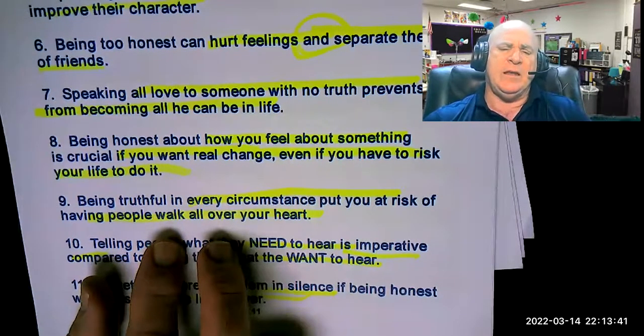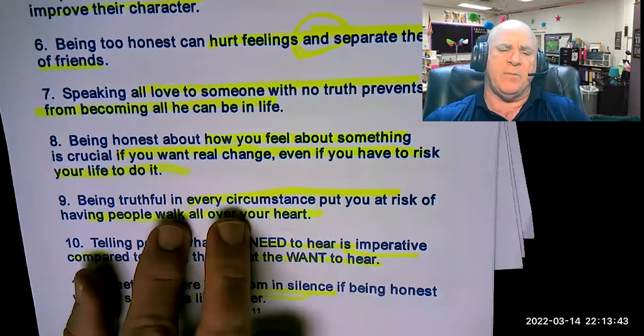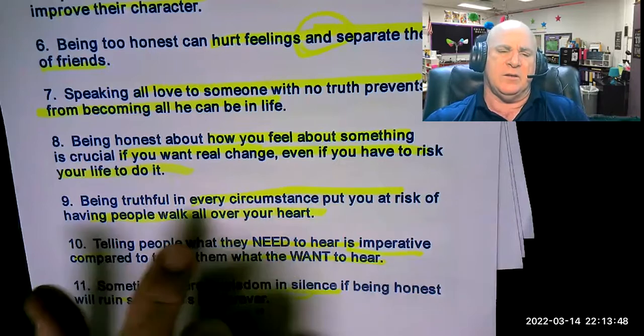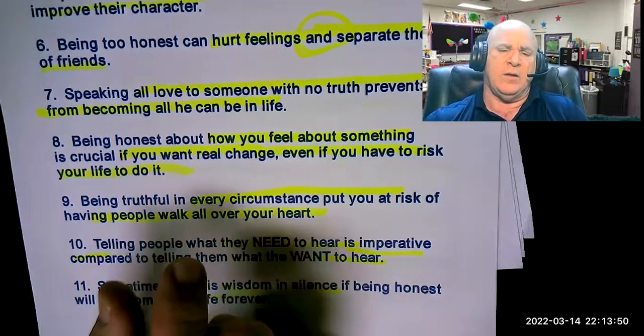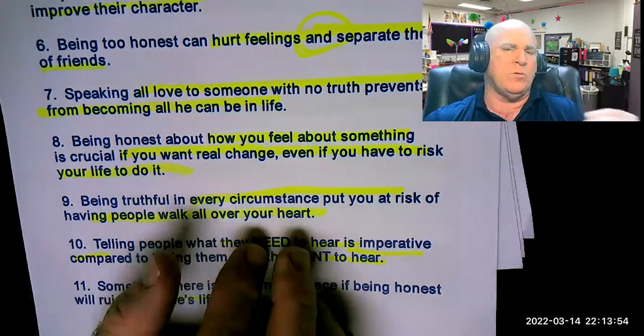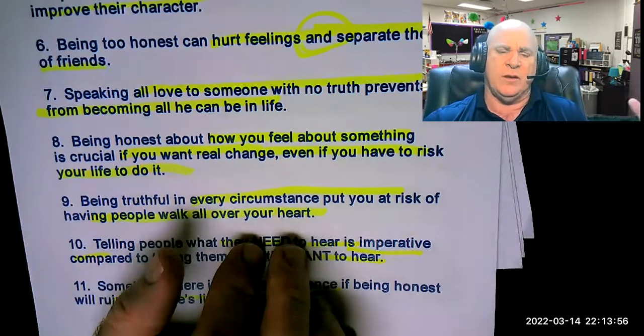Telling people what they need to hear is imperative compared to telling them what they want to hear. So being honest in this case is saying what people need to hear, either in writing, over the phone, through messenger, whatever social media, or right there in person, face to face.